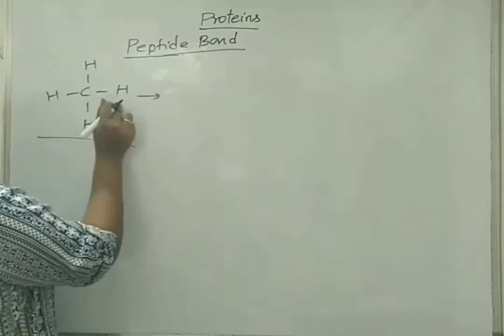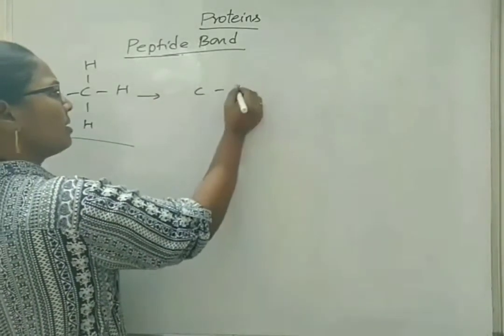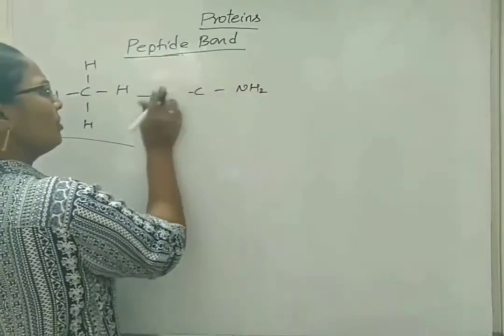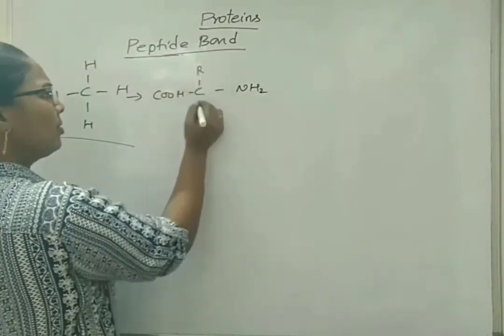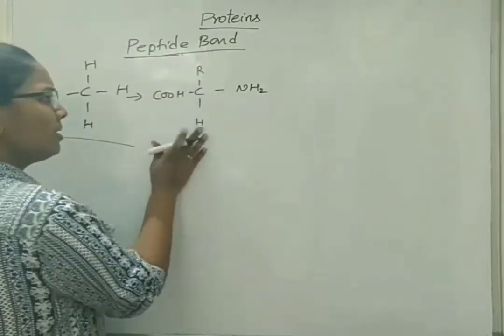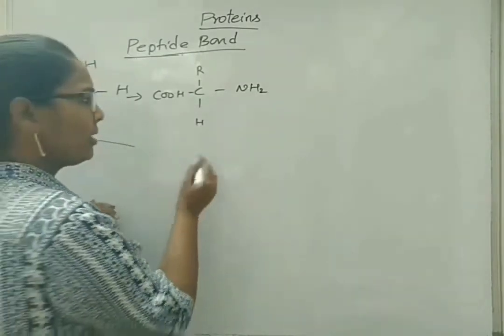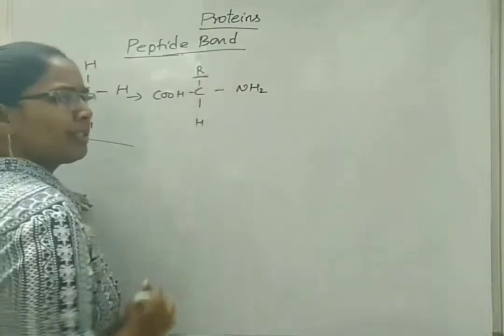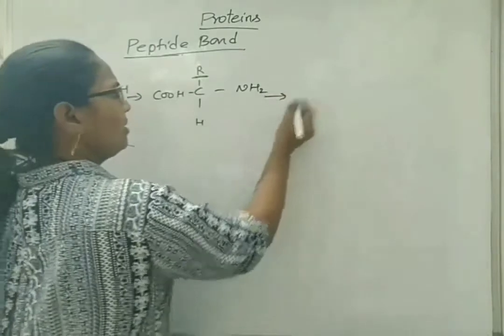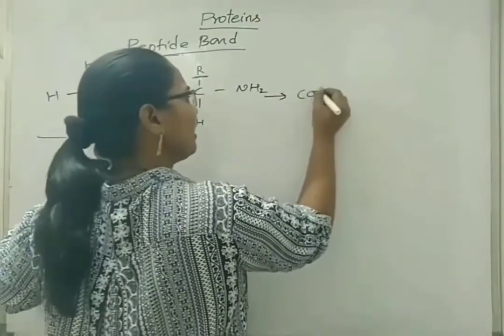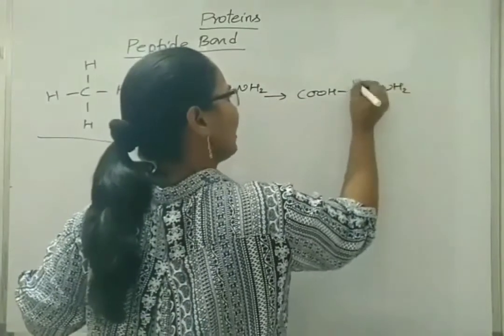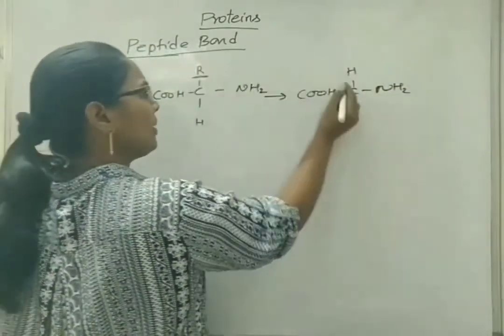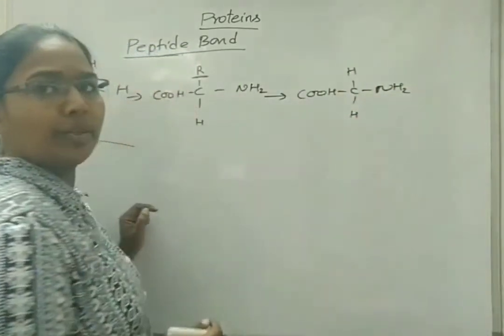From this, we substitute some functional groups: NH2, COOH, R group, and hydrogen. This is the structure of an amino acid. One R group we did not mention any. So, if that R group is replaced with hydrogen, then the structure will be like this.